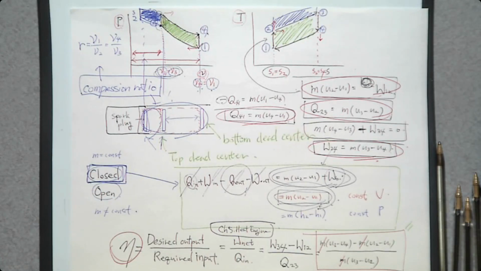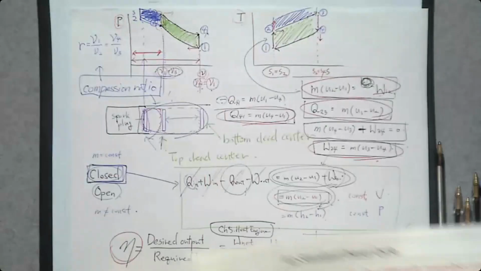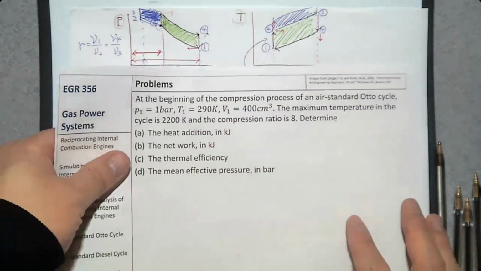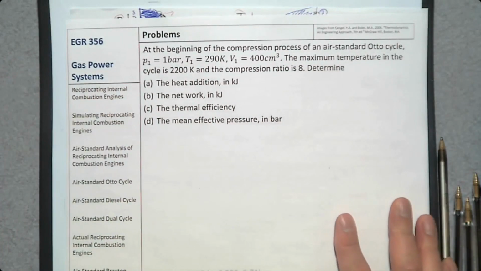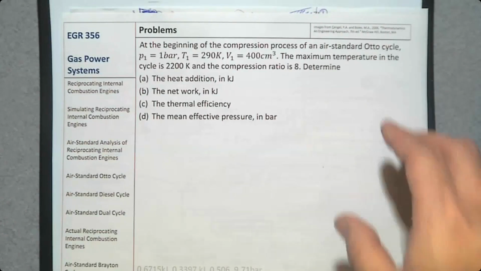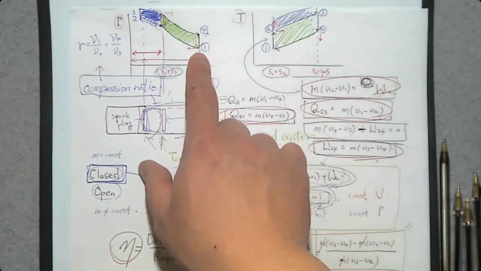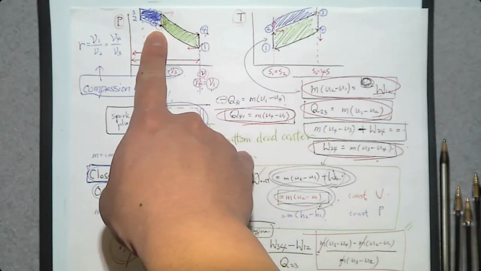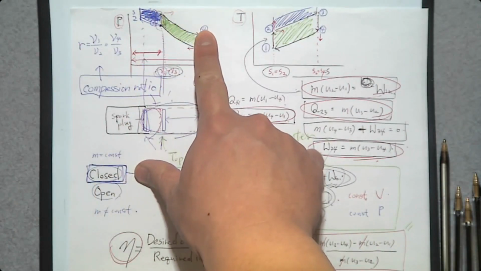And before we study the diesel cycle, let's practice one problem together, so you will understand how to solve problems related to the air standard Otto cycle. By the way, any question about this air standard Otto cycle? The concept is very simple. We only have four processes, consisting of isentropic compression, isentropic expansion, constant volume heat addition, and constant volume heat rejection.